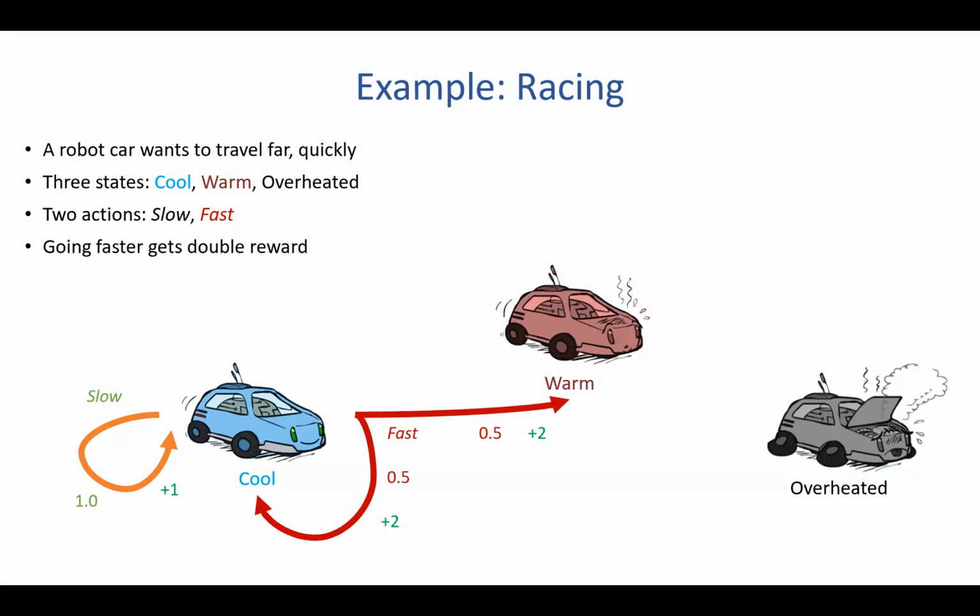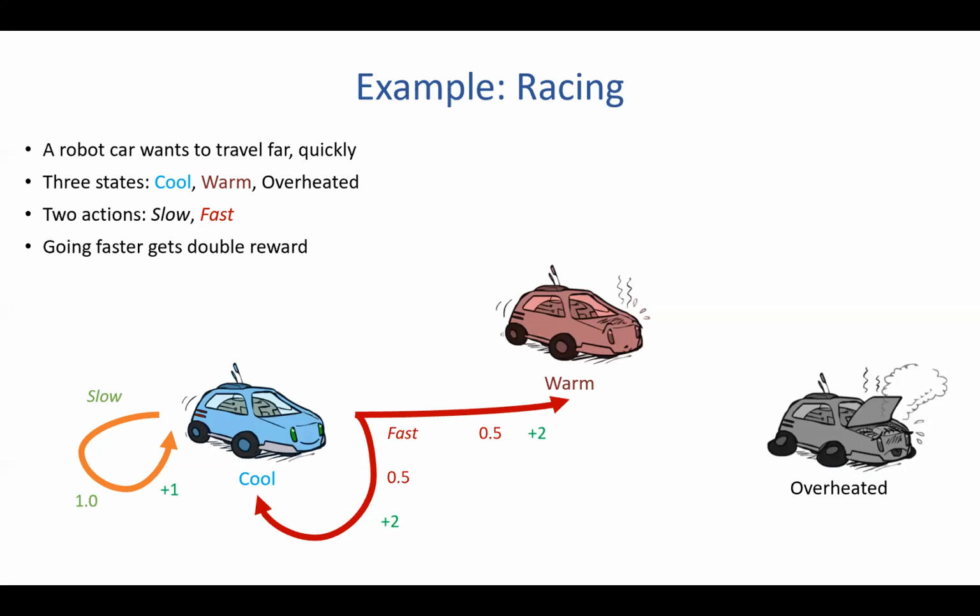And there's a 50% chance that your car might still remain cool, because you're not sure for how long you're driving faster, with a reward of plus 2. Just look at those requirements that I have.